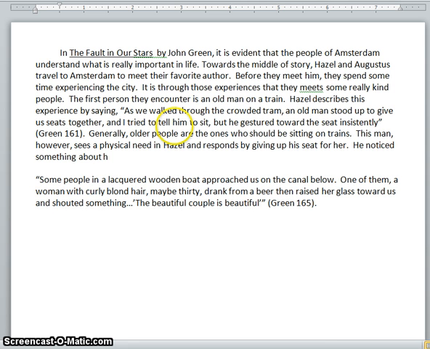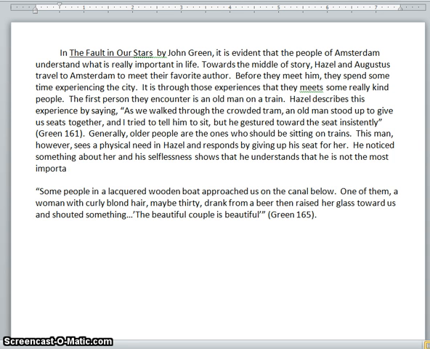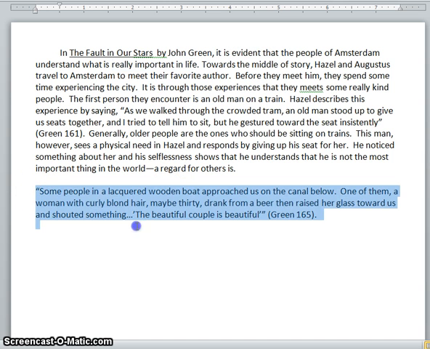Now I'm going to bring in my keywords: his selflessness shows that he understands that he is not the most important thing in the world. Okay, so I have brought in my keywords, connecting back up here. Now we need to transition into the second piece of evidence.